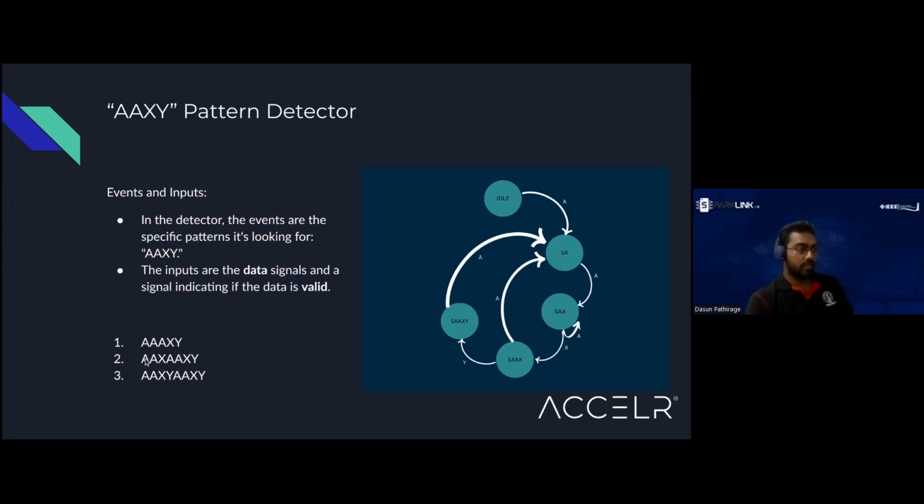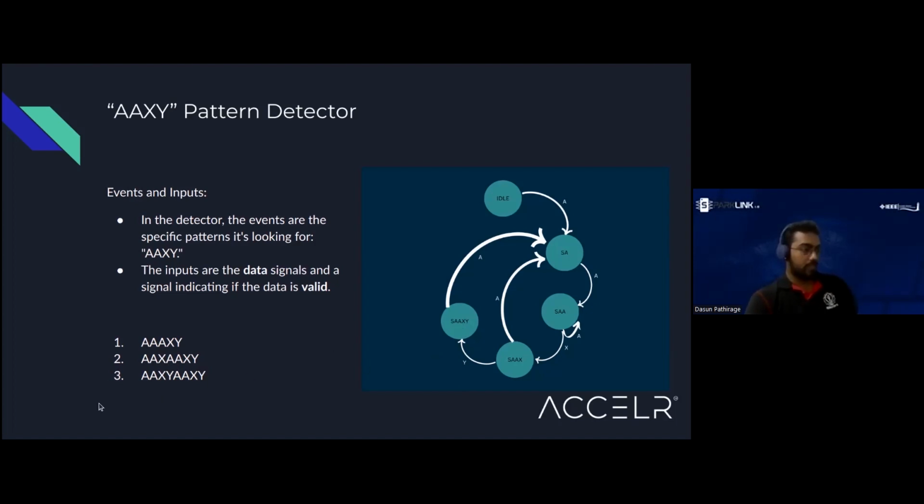Then according to this example, it receives A again, then goes to state AA, then X, state AAX, and state AAXY. So again, this pattern is detected.